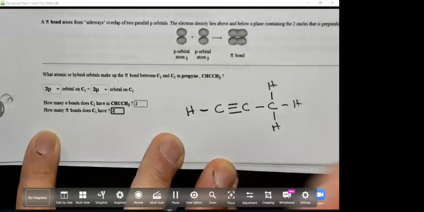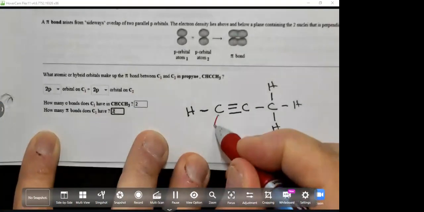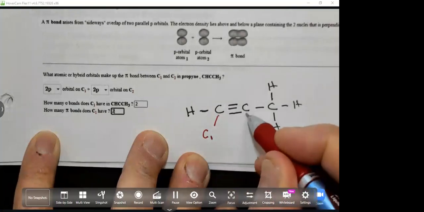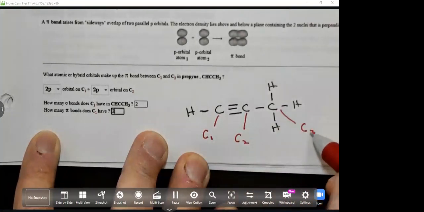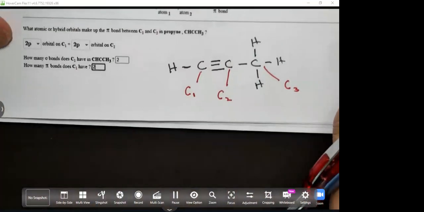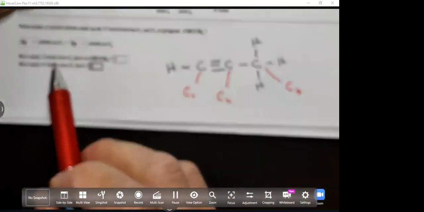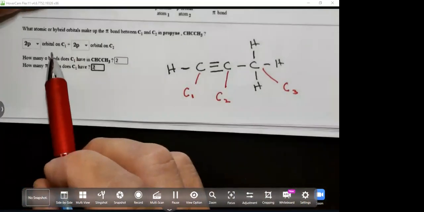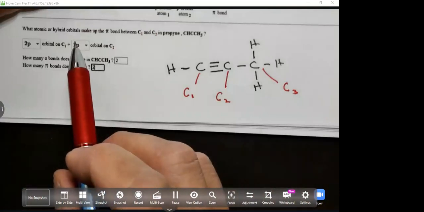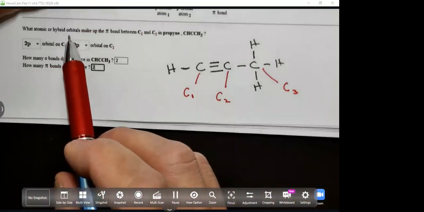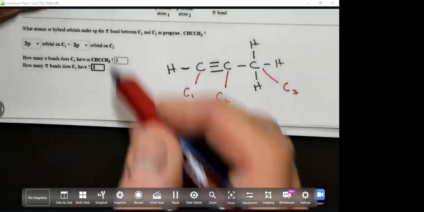Now, let's see, carbon 1 and carbon 2. So they're calling this carbon 1. I'm assuming carbon 2 and carbon 3. Let's see what we got here. What atomic or hybrid orbitals make up the pi bond?